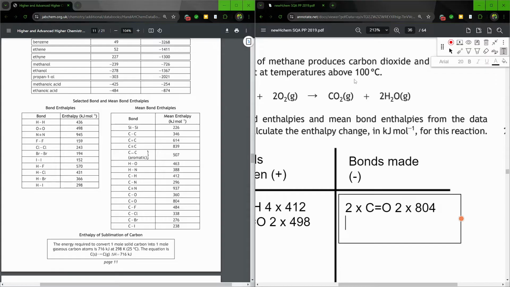And then we've made O-H bonds. We've made 4 of those bonds because each water molecule contains 2, and if we've got 2 of them, that's what we're going to write. Go over here to O and H, it would be 463.